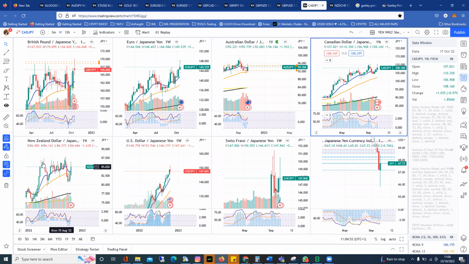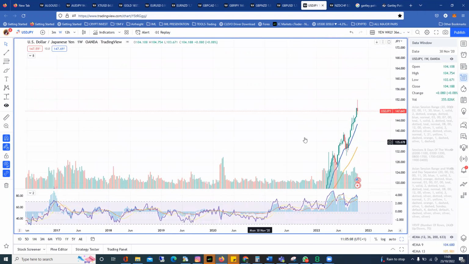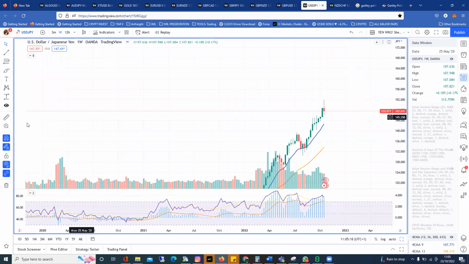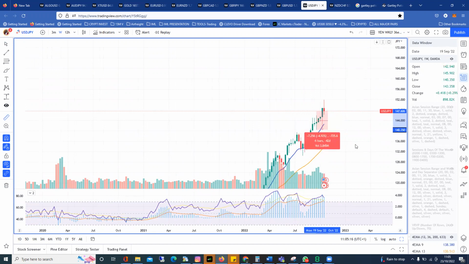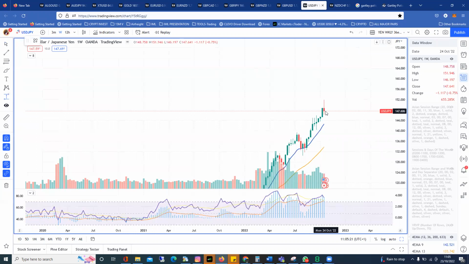It's not going to be one of my favorites because there's so many weekly rejections. So the dollar yen is encountering a rejection, and this rejection can give us a clue to look at the dollar yen in a way whereby we can say it is giving us an opportunity for a retracement back to the 12 EMA again, based on this rejection.